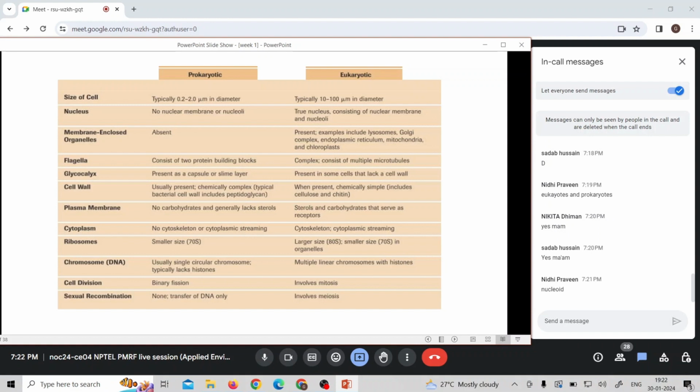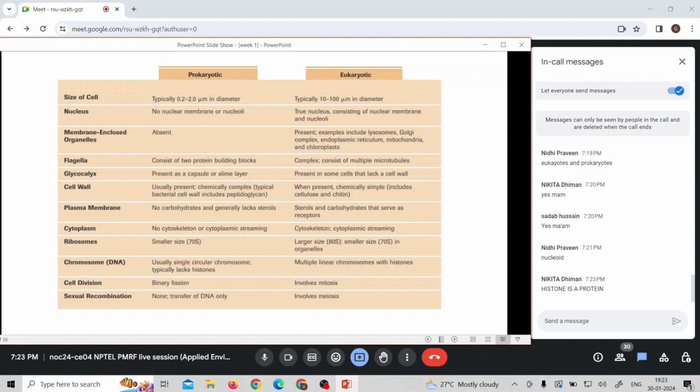Anyone has an idea about what histones are? What are their functions in the cell? Actually, histone is a protein which packs the DNA. I mean, DNA is coiled with the histone. Right. You're absolutely right. So I guess people who are from a biotechnology background or microbiology background would obviously know what a histone is.